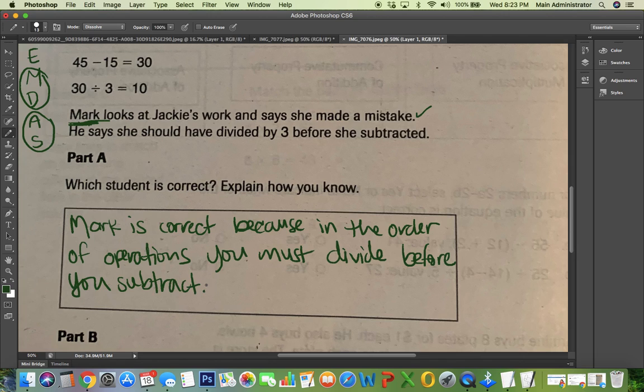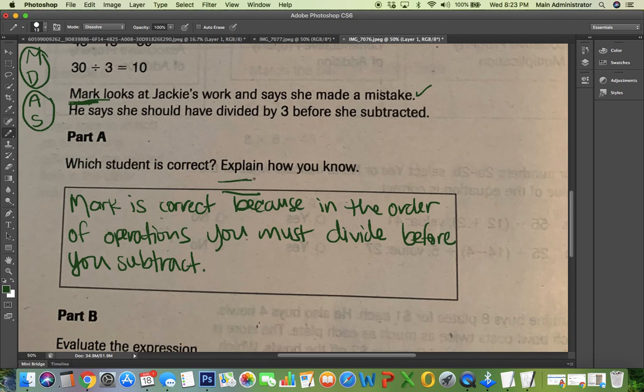All right, that's how I explained how I know. Explain means use the word because, which I put right here, so I'm good.